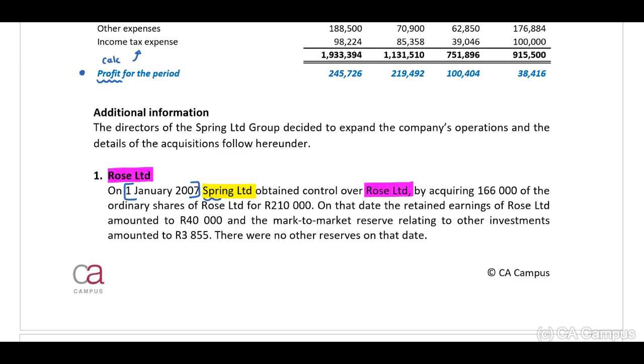2007, Spring Limited obtained control over Rose Limited. Now, immediately when we identify that there's control, you know that you need to apply your principles of IFRS 10 and IFRS 3. This is a subsidiary, therefore we need to consolidate.